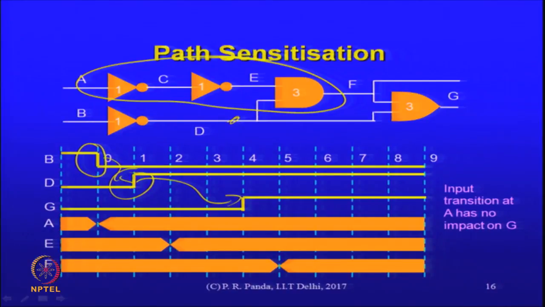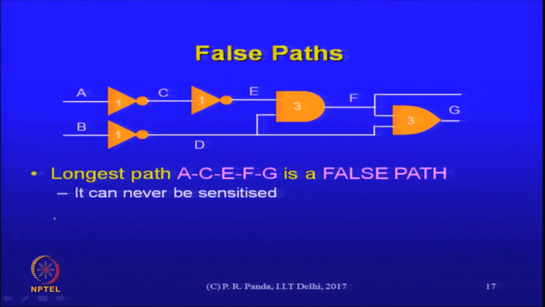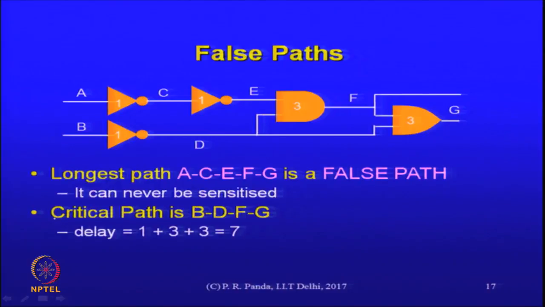Either way, the transition in A was not really dominating this computation of the critical path. So, this longest path that we had identified structurally is a false path, because it can actually not be sensitized. So, the critical path actually is this in this circuit.